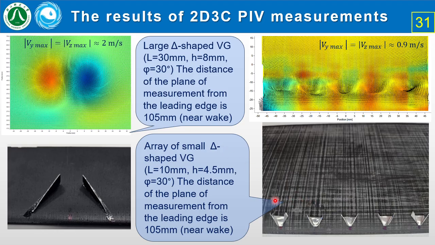In the case of the array of smaller paired vortex generators with delta shape, we are also able to get the periodic vortex structure of secondary flow in the near wake, but the modulus of the secondary velocity is about 0.9 meters per second.